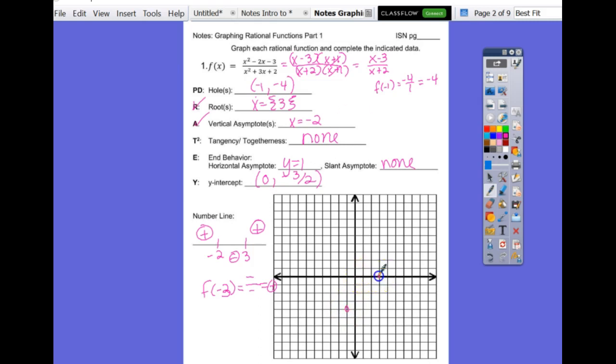So 1, 2, 3, I have a root. My y-intercept is 0, -3/2, so that's going to be -1.5. So that goes right there. And next I'm going to put in my asymptotes. So x is -2, which is here, and y equals 1.